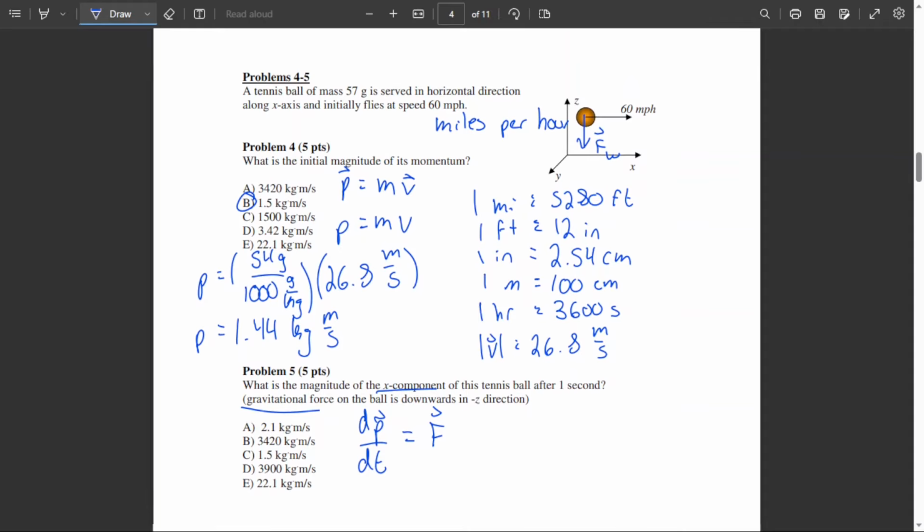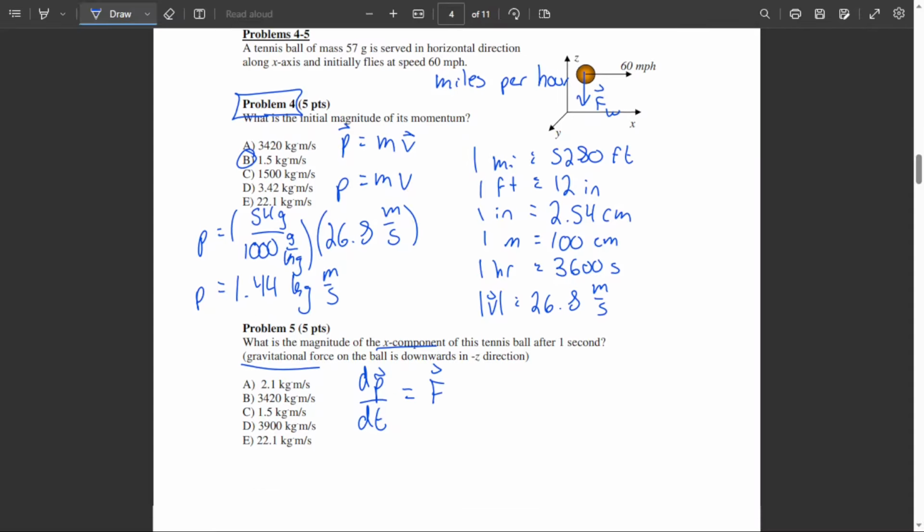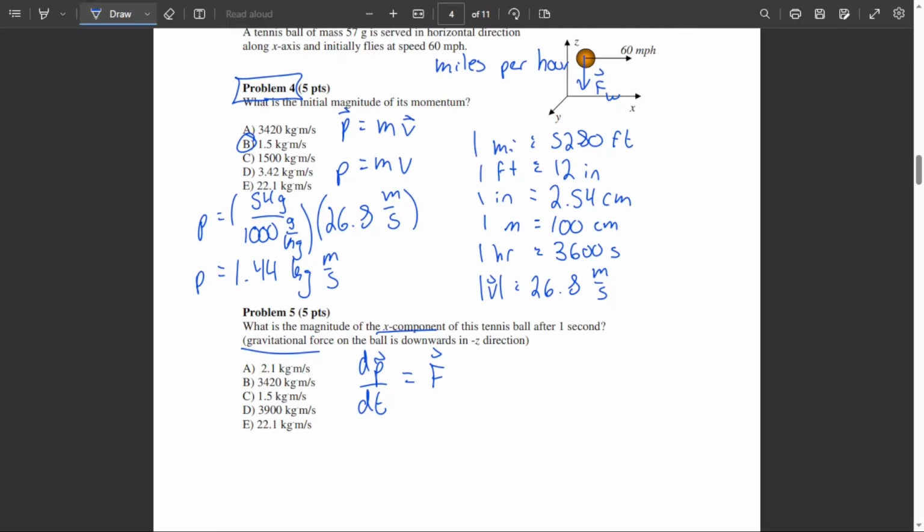And then, alongside that, when we calculated the momentum in question 4, the velocity is only in the x direction. So the momentum we calculated is the same thing as the momentum in the x direction, because that's the only component of velocity that we have. There is no z or y component of velocity. So what that means is our answer for problem 5 is actually the same thing, because the x component of the momentum hasn't changed.